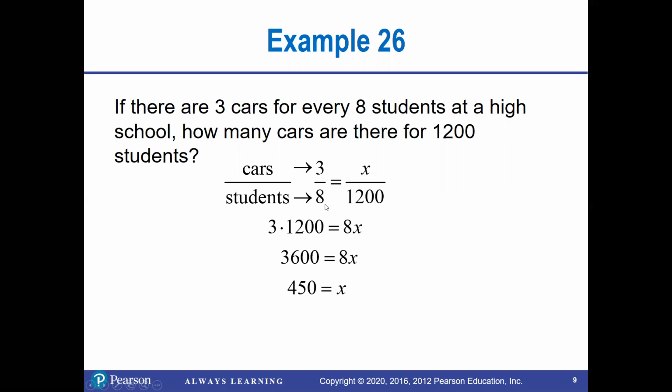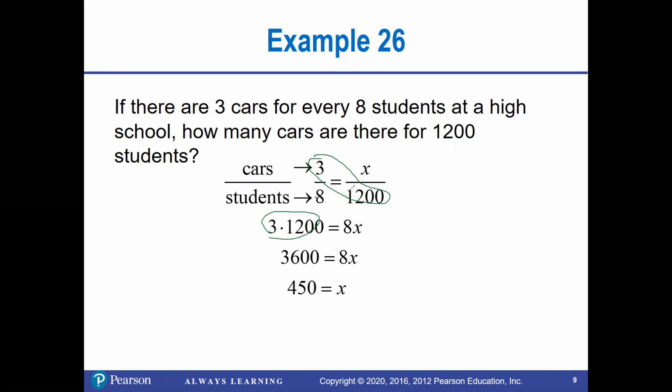But because we're saying this is a proportion, we know that these two have to equal what these two multiply. And then I can solve algebraically by multiplying these two together. I get 8x here, divide by 8, and I get 450. How do I know what that 450 goes with? Here's the x. That means it's labeled with the cars, so it'd be 450 cars if that was a proportional deal.